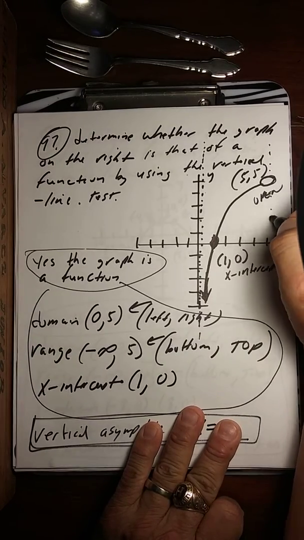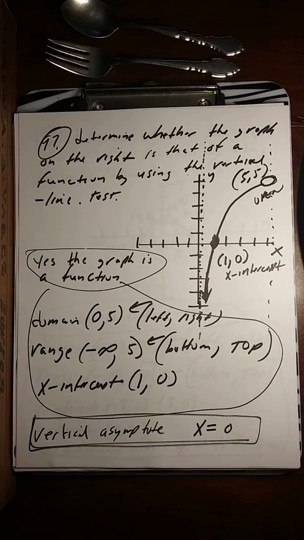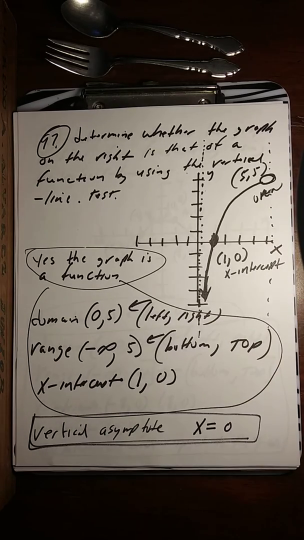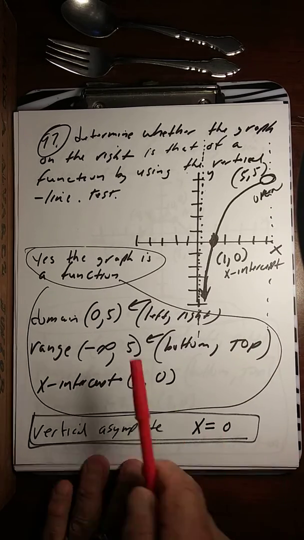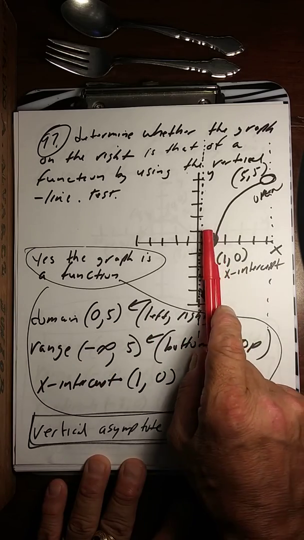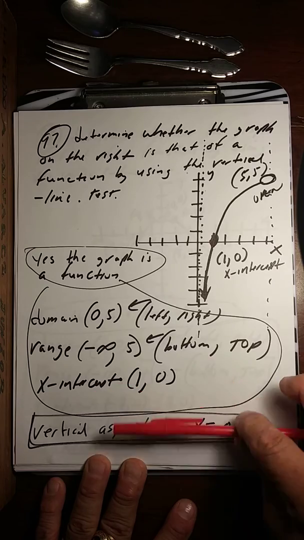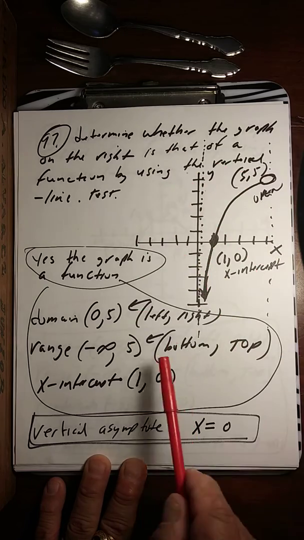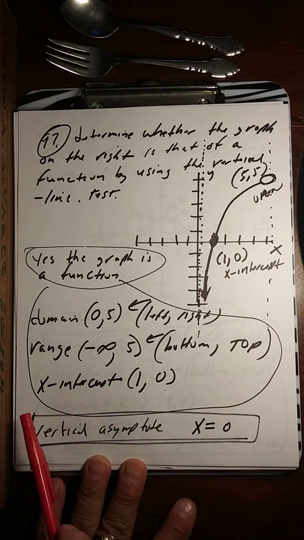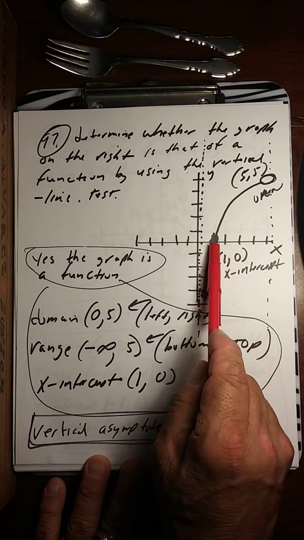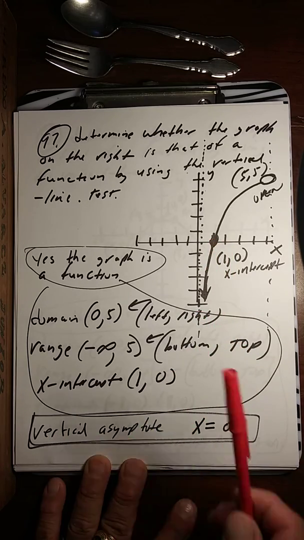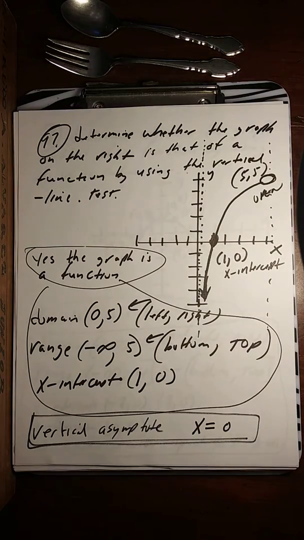It's trapped in here somewhere, trapped between this one and this one. So now, domain from 0 to 5, left and right. The range from the bottom, negative infinity to 5, not including 5, and the x-intercept is right there, 1, 0. And the vertical asymptote is right there, x equals 0.